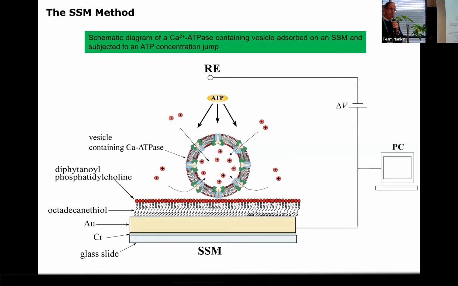Since the SSM behaves like an electrical capacitor, the positive charge that accumulates on the solution side of the SSM is compensated by an equal and opposite charge on the metal side of the SSM. This means a flow of electrons along the external circuit toward the gold electrode. And this flow of electrons corresponds to the measured capacitive current, which is strictly correlated with the SERCA-generated current and is recorded as a transient current.